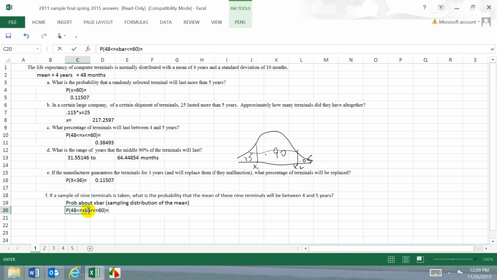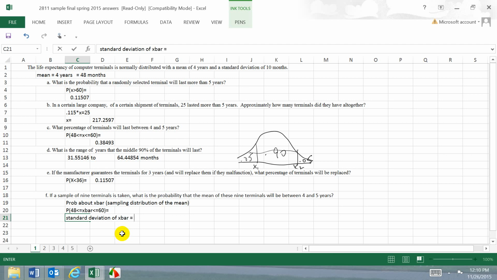Now this is going to be similar to what we did before, except that we have to use the standard deviation of x bar rather than the standard deviation of x. So the standard error, the standard deviation of x bar, we have to use it again. Why? Because we're getting a probability about x bar.